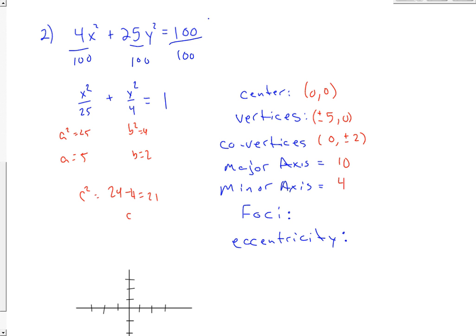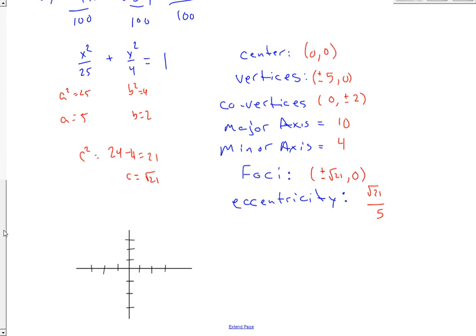So c is equal to the square root of 21. And that is going to go left and right, just like the vertices. So I get positive and negative square root of 21, comma 0. And my eccentricity is the value of c over a, so the square root of 21 over 5.